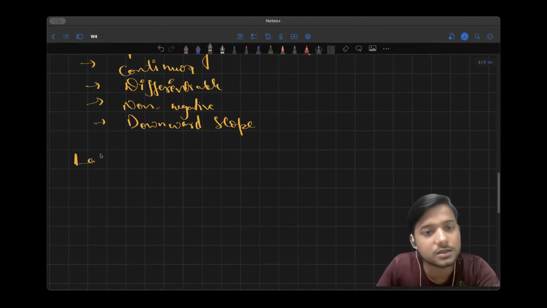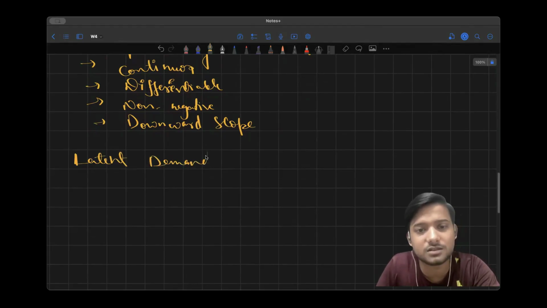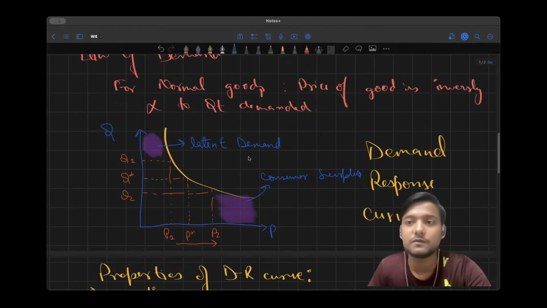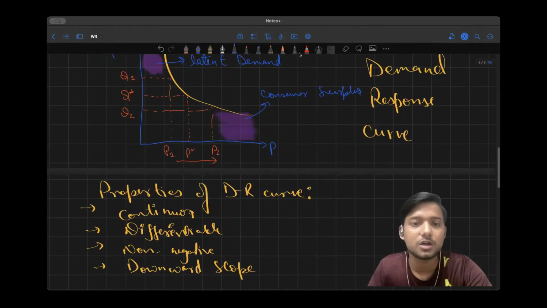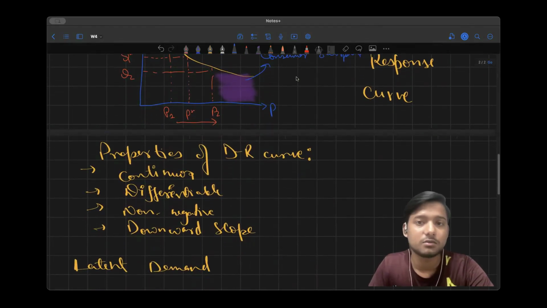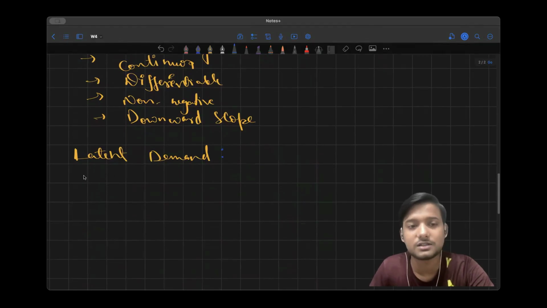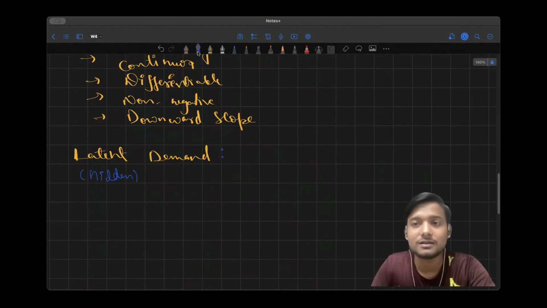Now, what is latent demand? These are just few different concepts of microeconomics to know why we are studying these things, why we want to model the curve and all. So when we come to latent demand, latent word itself means hidden, right? You would have heard this term latent heat in physics a lot.